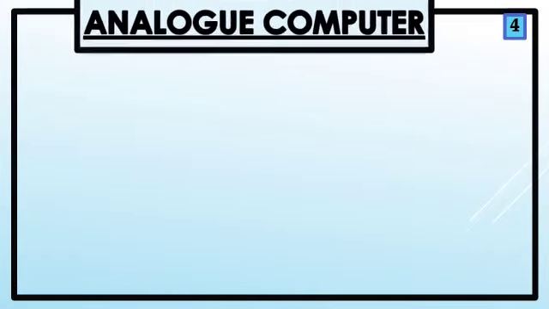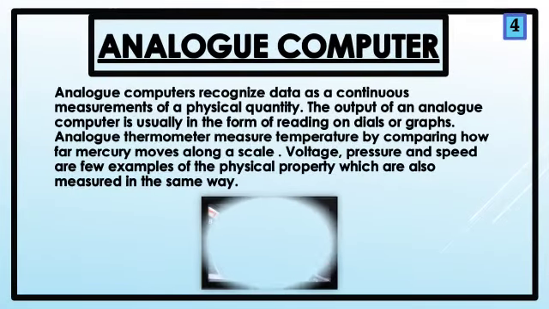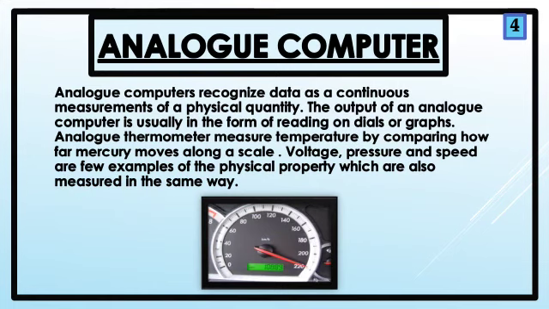Computer by speed, analog computers. An analog computer recognizes data as a continuous measurement of a physical quantity. The output of an analog computer is usually in the form of readings on dials or graphs. An analog thermometer measures temperature by comparing how far mercury moves along a scale.